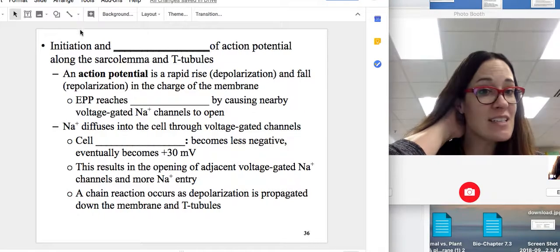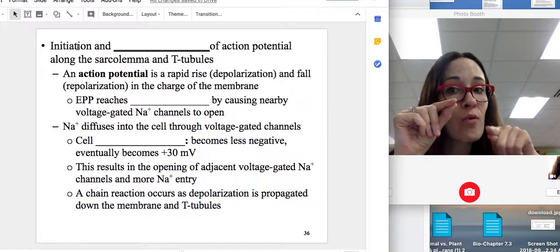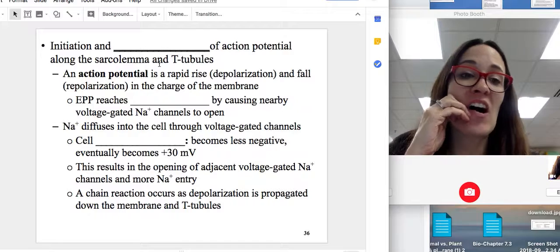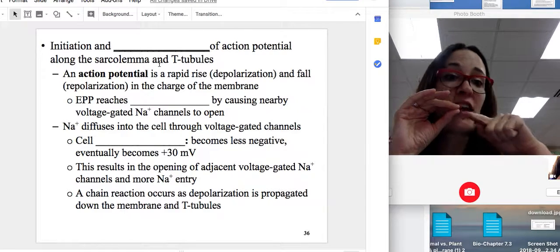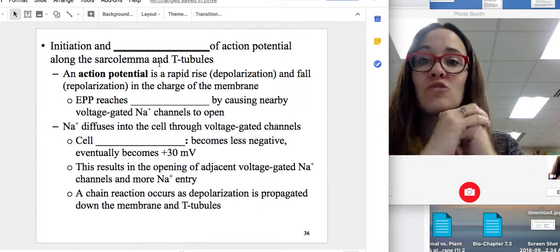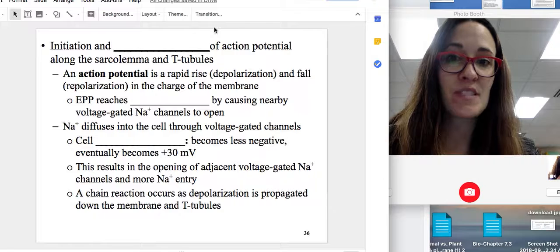And then the message, it's the start of the message on the muscle cell to contract, and then the propagation is the word there, propagation, along the outside of the cell called the sarcolemma, and it dives into those T tubules. And when that message is spreading, it has a specific name.